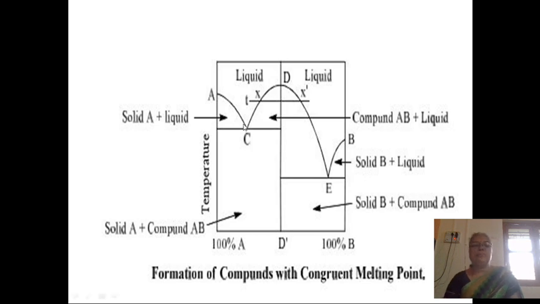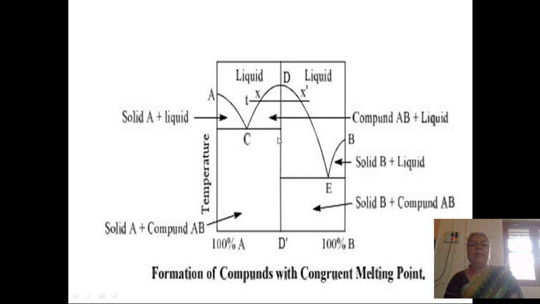As usual, this is the phase diagram of formation of compounds with congruent melting point. And this is the combination of two eutectic systems. Suppose we divide this diagram by this line D, D dash. This is the first simple eutectic diagram towards the left side, and this is the second eutectic diagram towards the right hand side.